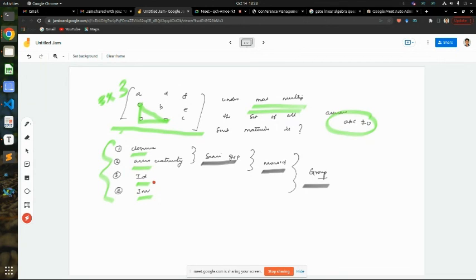So for inverse, what we need is for all elements that belong to the set, there should exist a partner element which when multiplied will give us the identity back. Right? In general, this condition may not hold, but because they have given this qualifier like ABC is not equal to 0, this condition also holds. Thus, the answer to this question is the set of matrices forms a group.